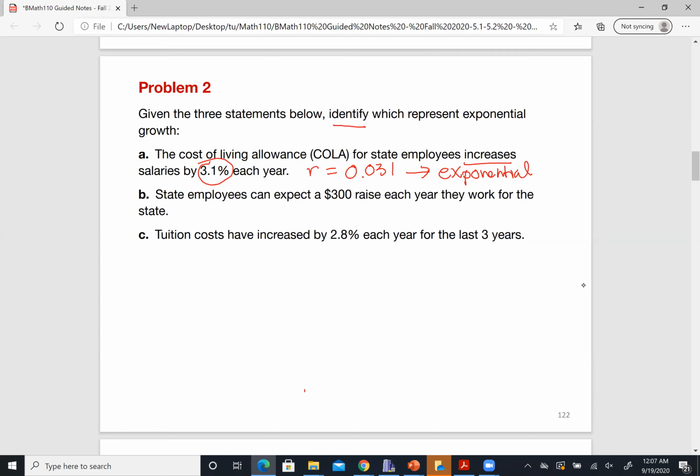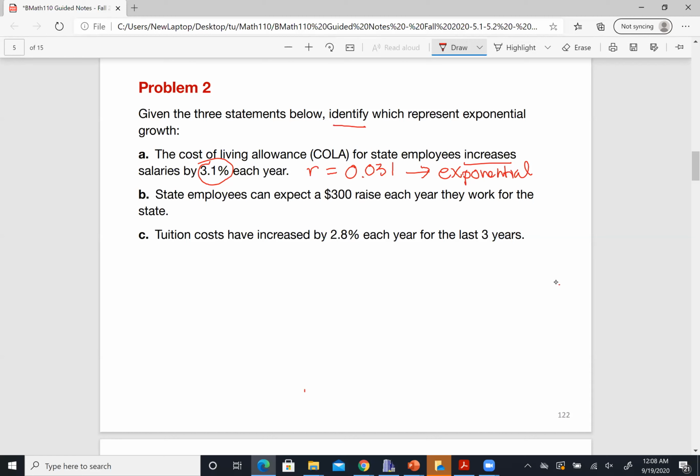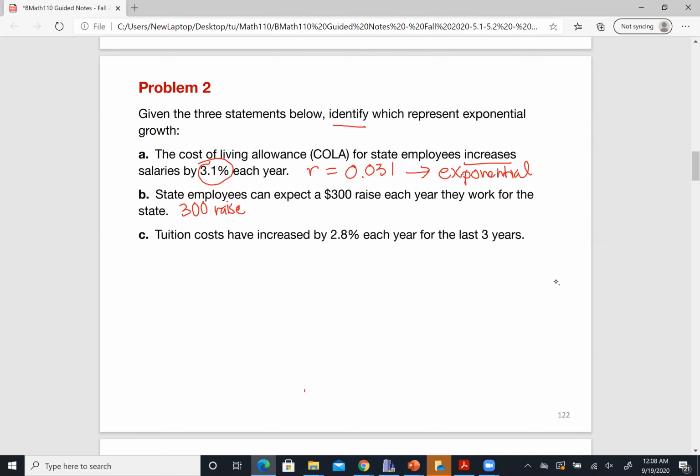Okay, so in here you have a $300 raise each year. What does that mean? Each year you're adding $300 more, right? That means you're adding constantly $300. So I'm going to say $300 raise each year, constant change.